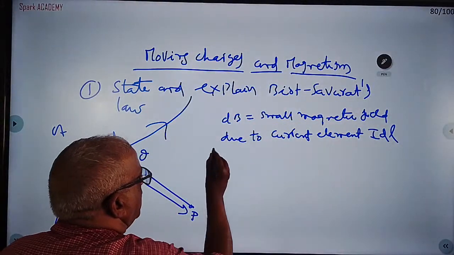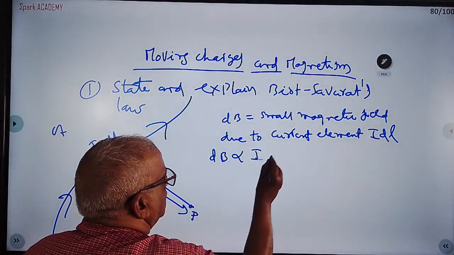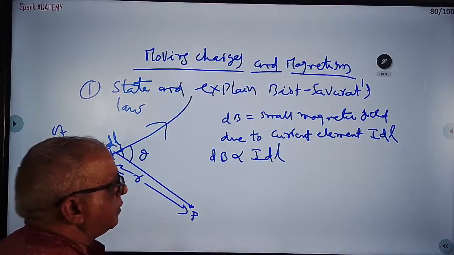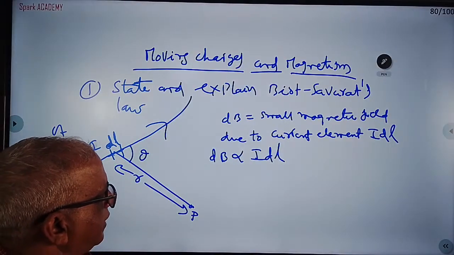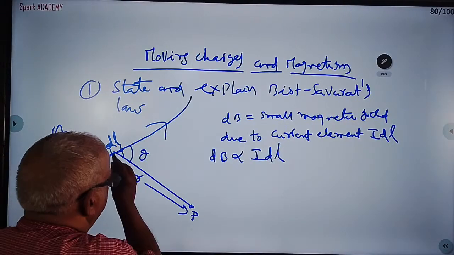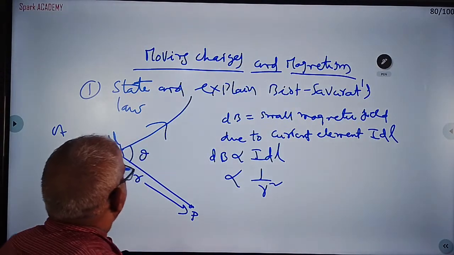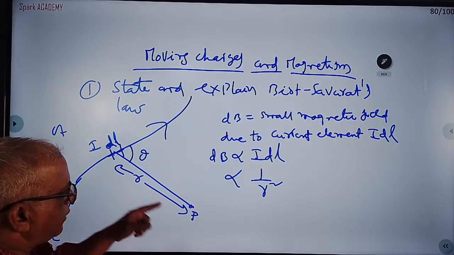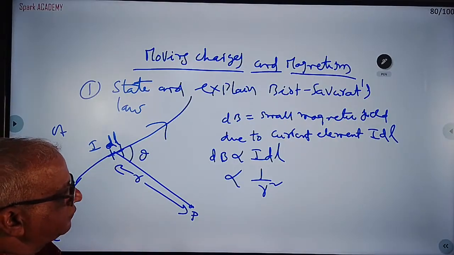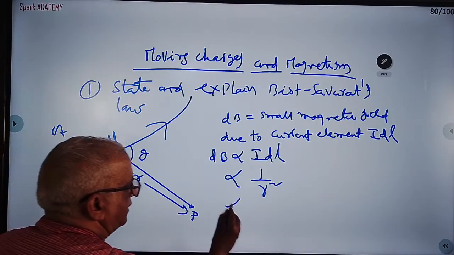Therefore, dB is proportional to Idl, which is a vector. It is also proportional to 1 by r square, where r is the distance from the center of the element to the point P, and directly proportional to sin theta.